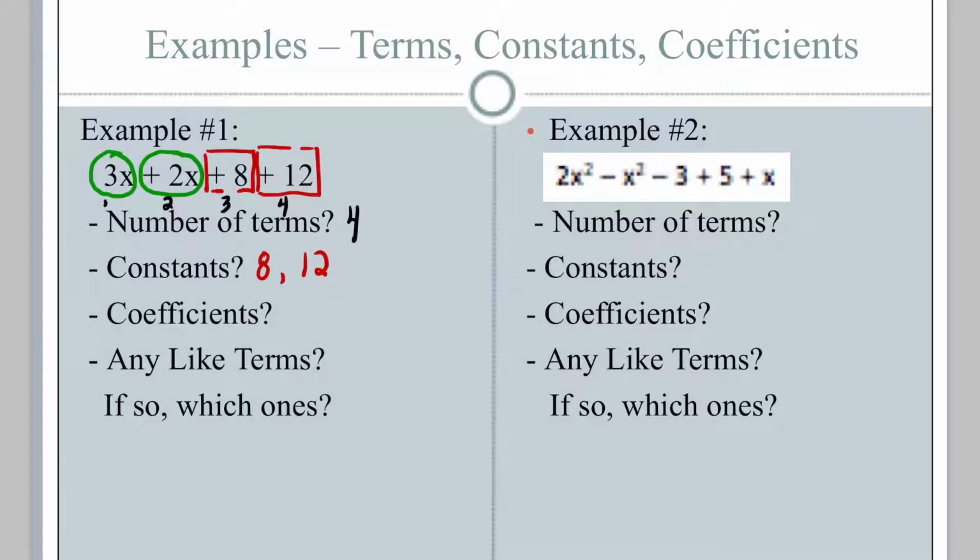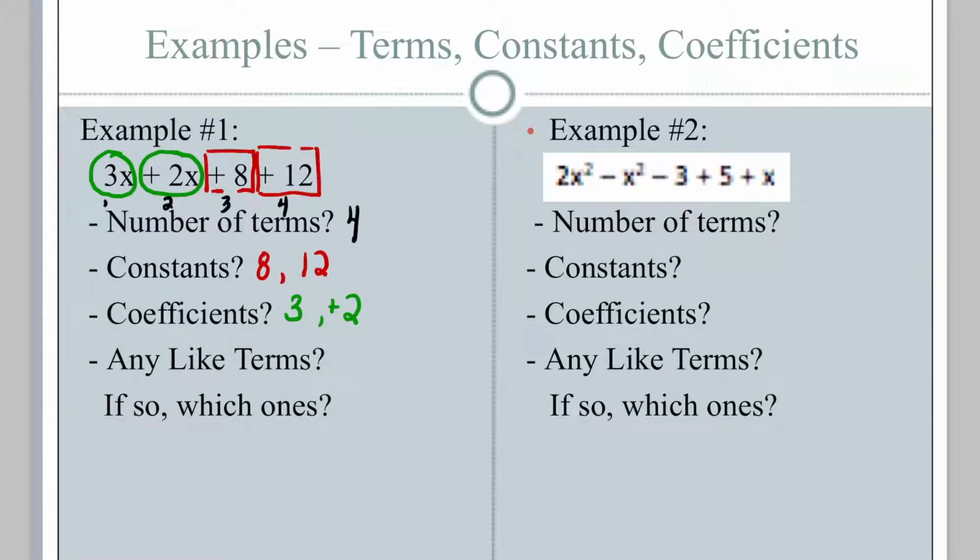In this case, we have 2 terms that have a variable: the term 3x and the term positive 2x. Each of those has a variable, and the number attached to the 3x term is 3, and the number attached to the 2x term is positive 2.